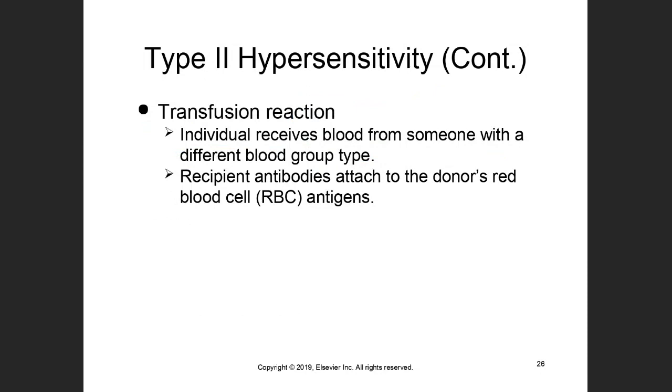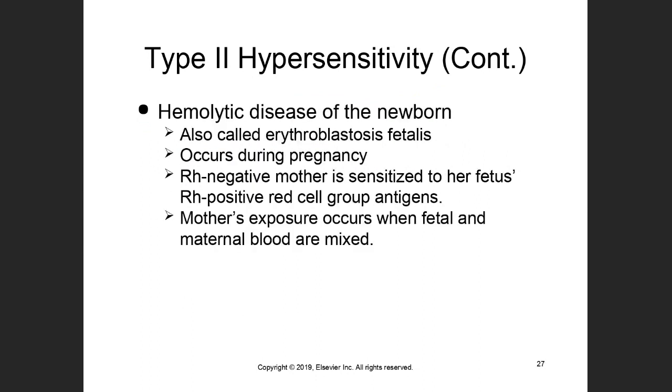And we have the transfusion reaction, which is a type of hypersensitivity type 2. Okay, recipient's antibody attached to the donor's red blood cell antigens. Hemolytic disease of the newborn due to Rh.